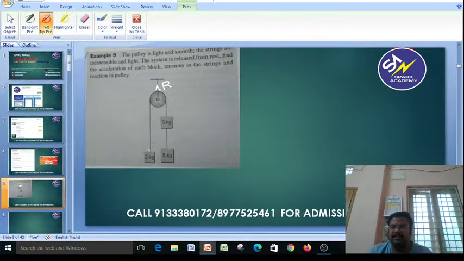One is connected to the 2 kg block and 3 kg block, and another is connected to the 3 kg block and 5 kg block. Let us take the first string, the small string. Here the tension acts away from the 3 kg block and away from the 5 kg block. It exists like this.